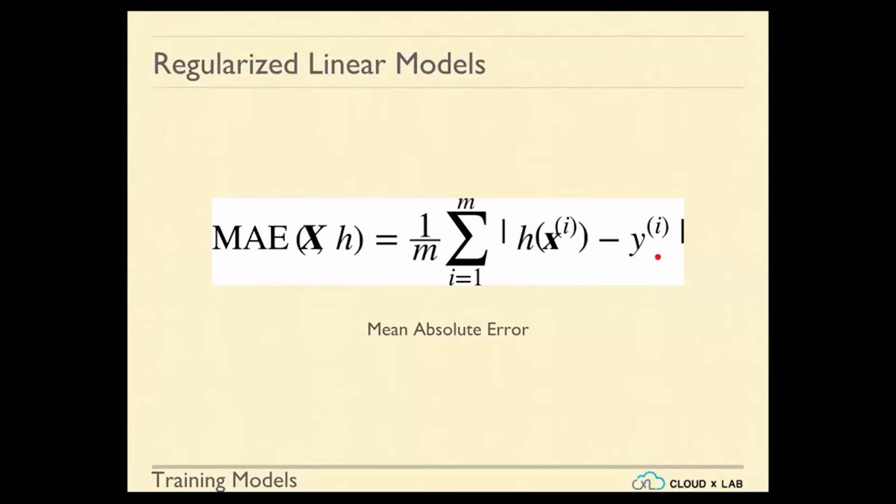We subtract that from the label, and whatever we get here, we compute the absolute value. Absolute means if this value is negative, it becomes positive; if it is positive, it remains as such. Then we sum up this error across all the instances.